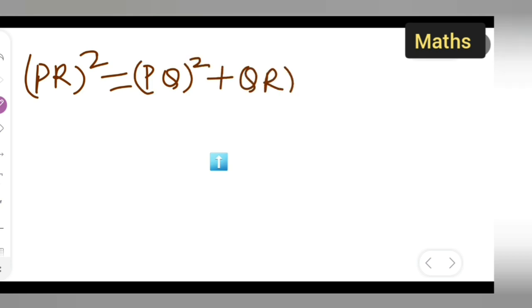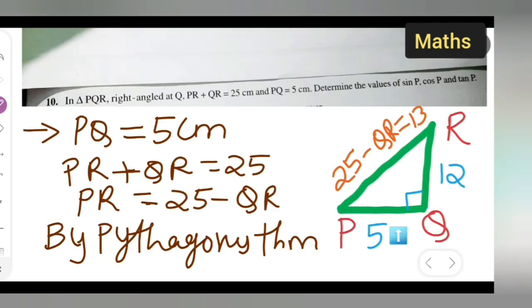So write down over here PR square is equal to PQ square plus QR square. Okay. Next, what I have taken my PR to be, I have taken it to be 25 minus QR.